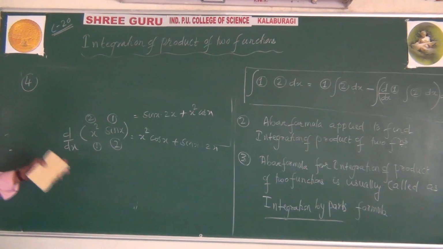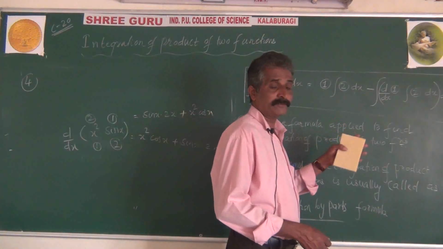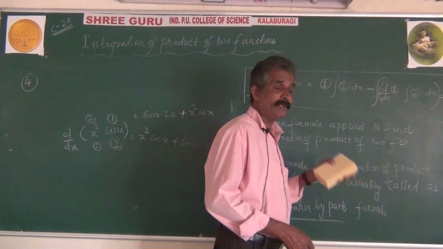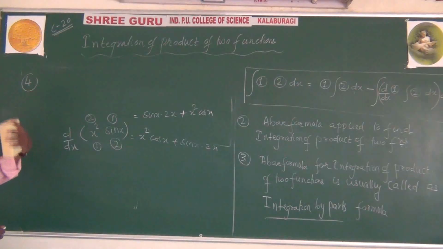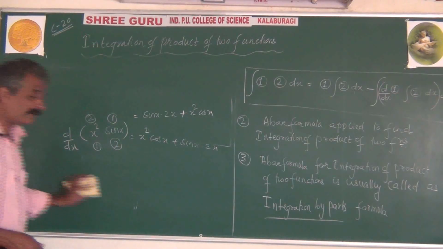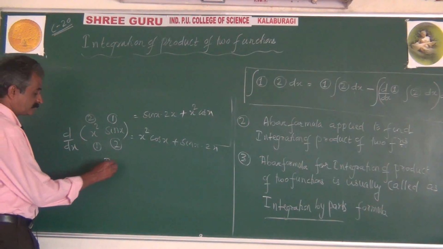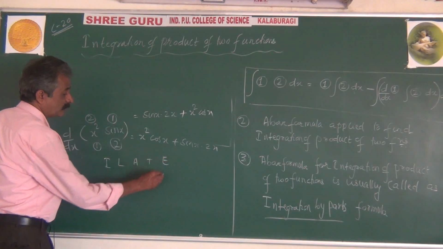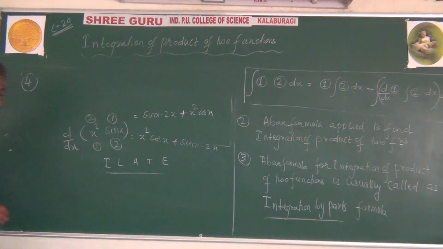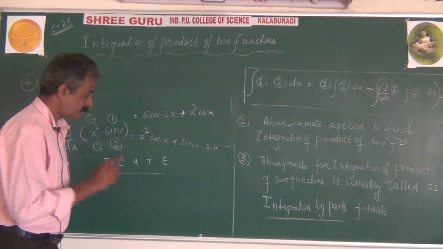Hence, while applying the integration by parts formula, the first function is to be chosen very properly out of two, and to choose the first function we have a rule. That rule is given by ILATE. Using the ILATE rule, we need to select, or give preference for, the first function.